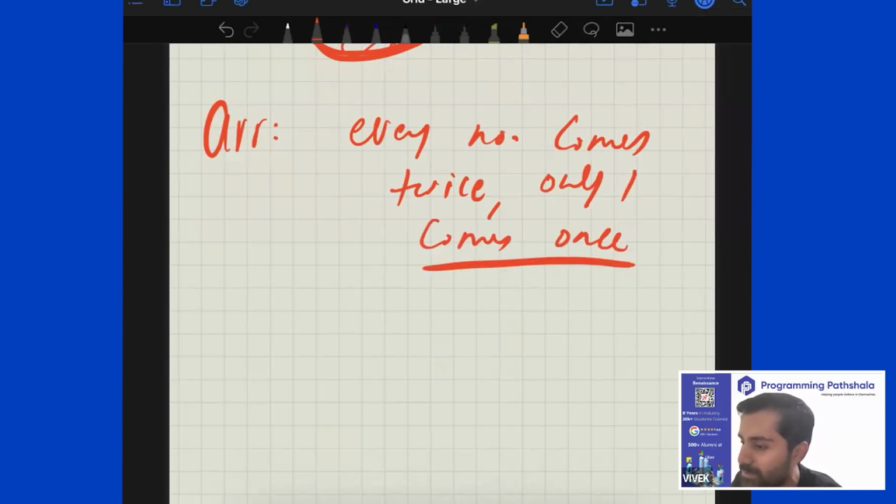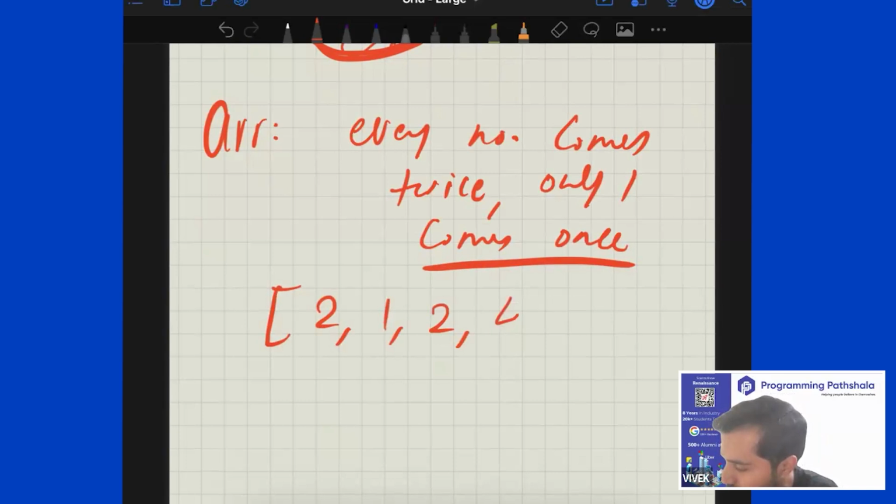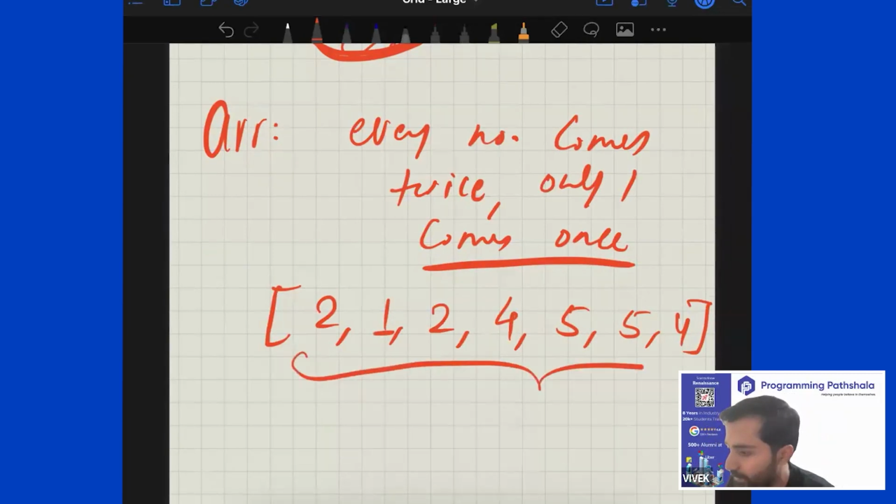So what do you do? You take XOR of the entire array, right? Okay. So let's say you have 2, 1, 2, 4, 5, 5, 4. So what is the number here which is coming only once? It is 1.